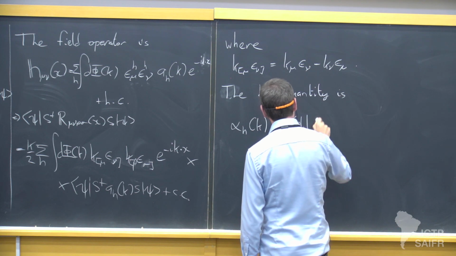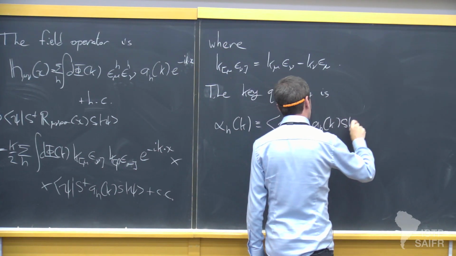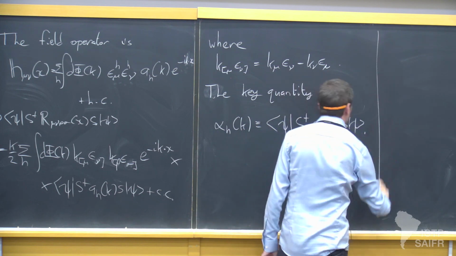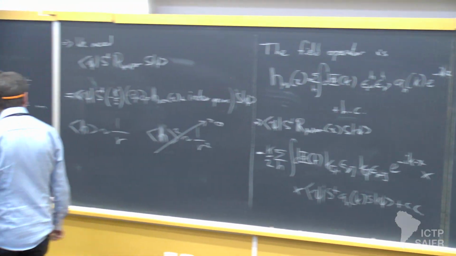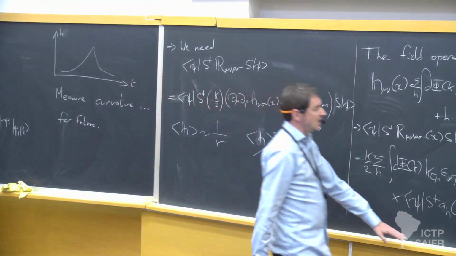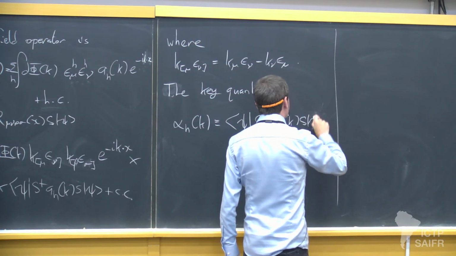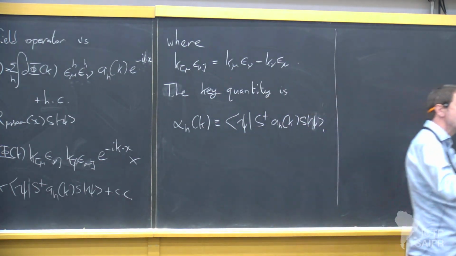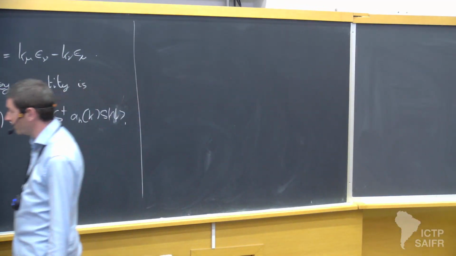So this is the expectation psi S dagger a_h of k S psi. I call this the wave shape. There's some reason for that. One can connect this wave shape to some sort of coherent state. It has some other existence. The name really comes from that other existence.